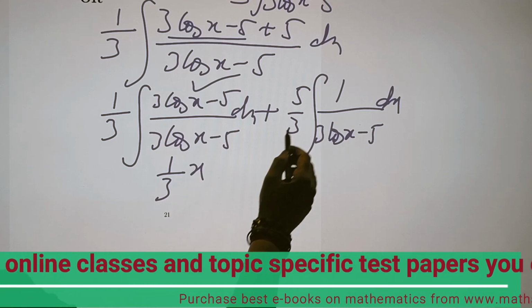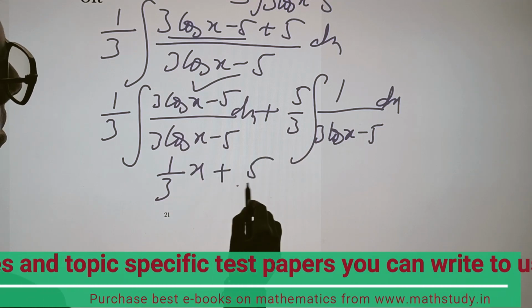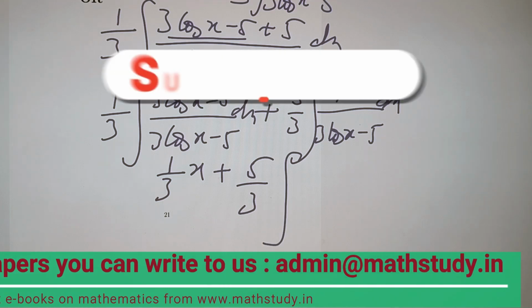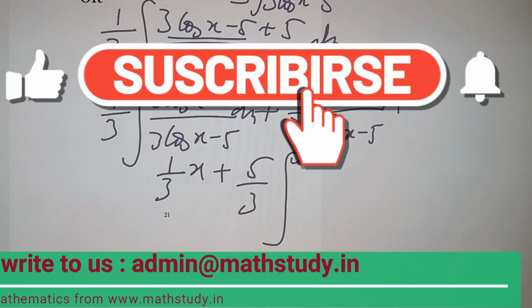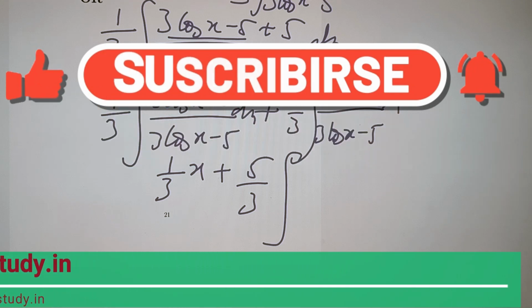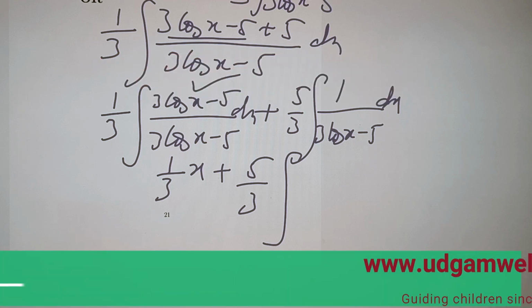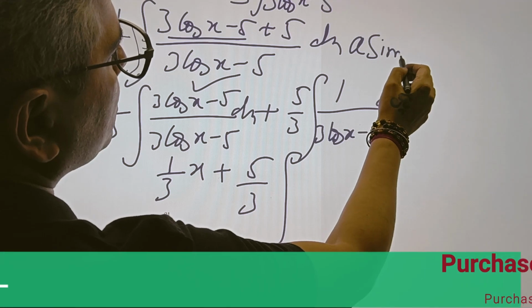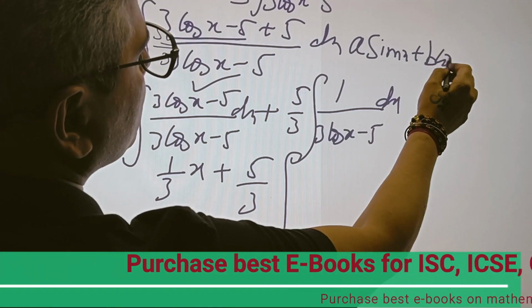Now we will focus on the second part, how to tackle it. See, whenever in such a scenario, there is a trigo function in the denominator with degree 1, this is simply of the form a sin x plus b cos x plus c.